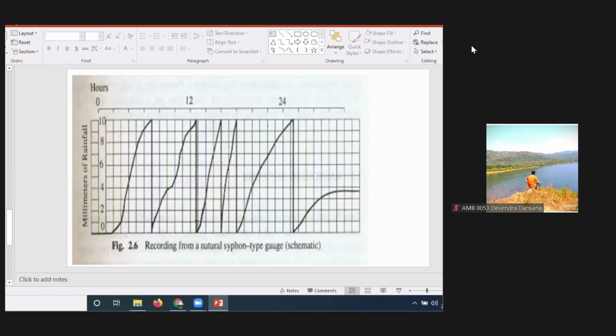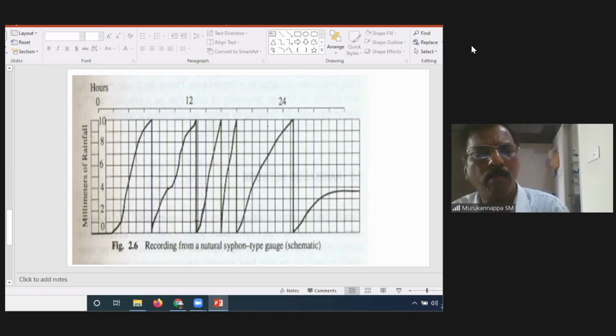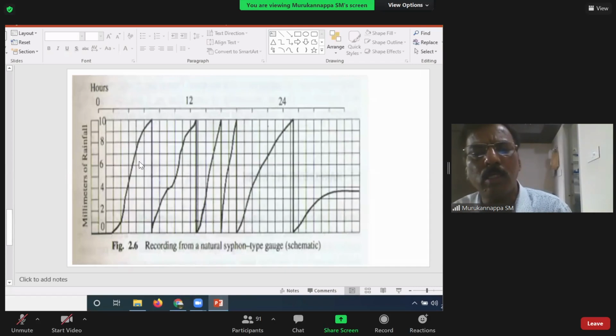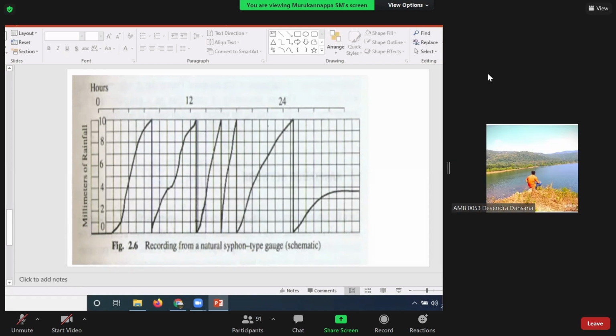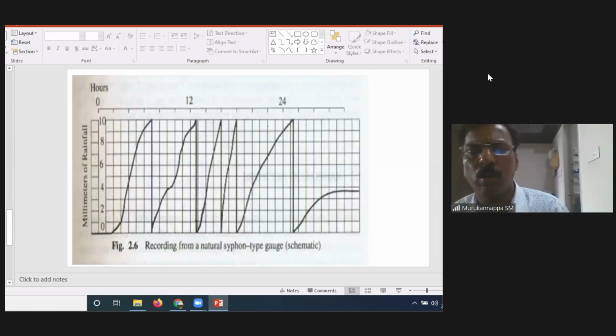And after that there is a slight increase, and it goes up to nearly 4 mm. By that time it will stop. Okay, what is the total? Someone please very quickly, what is the total amount of rainfall? 53. 53 and a half or 54 maybe. It is around 53, yes.